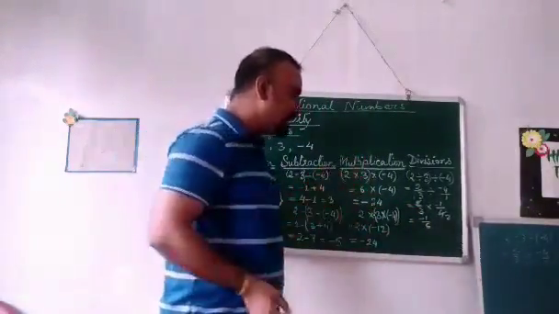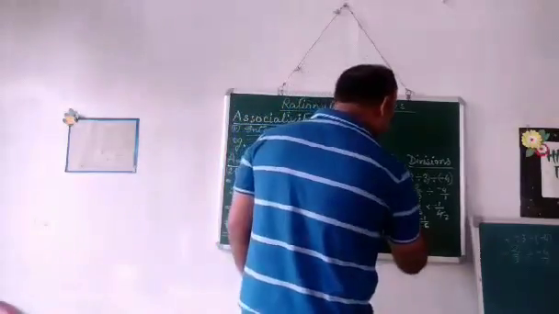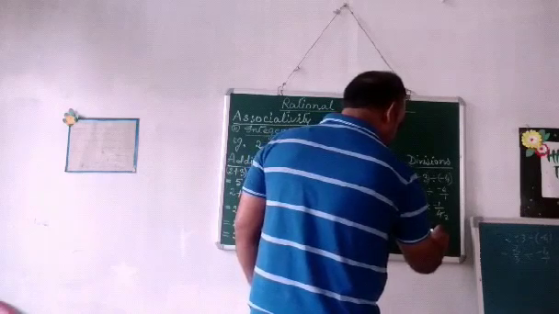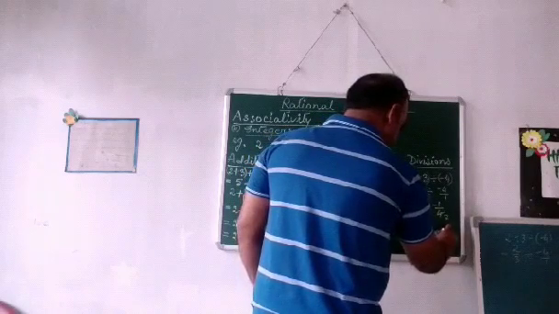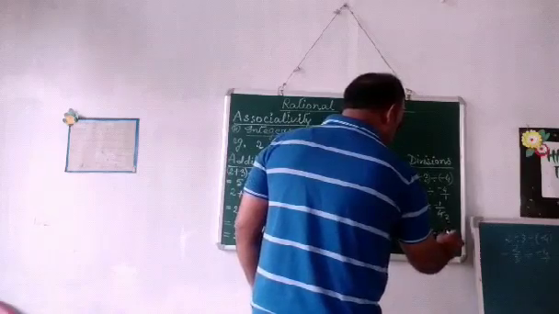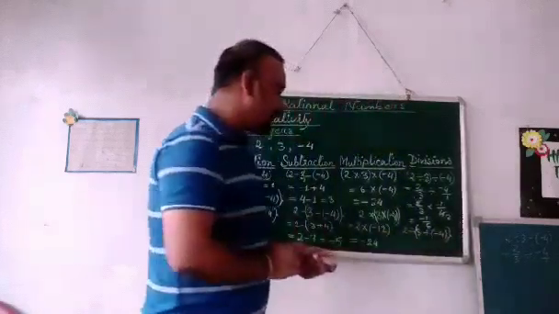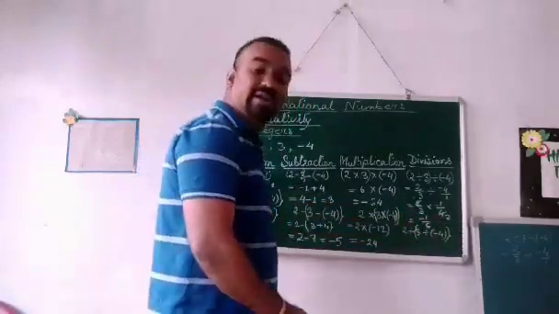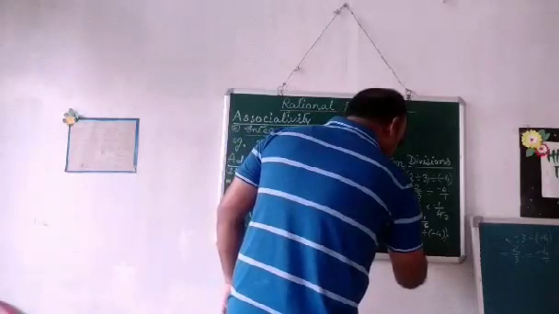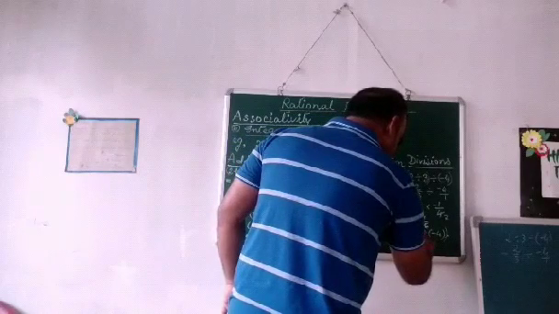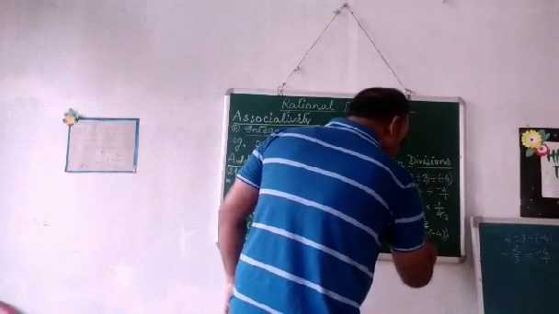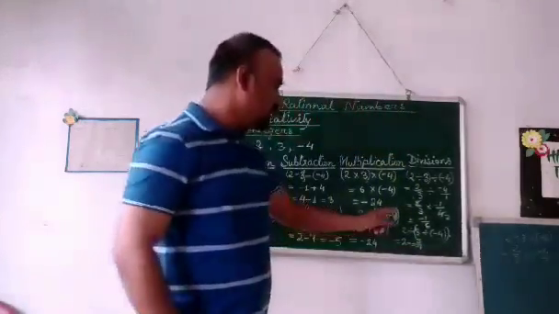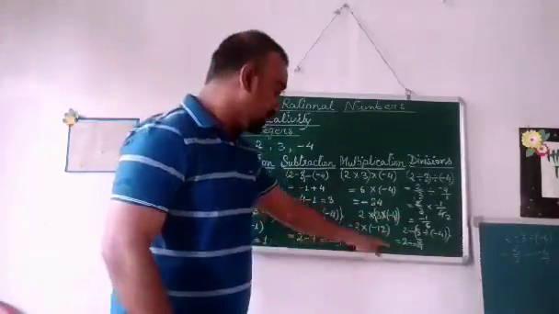Okay. Let us combine them again. This time the combination of numbers is 3 and minus 4, and we have to divide them. Divided by 3 by minus 4.